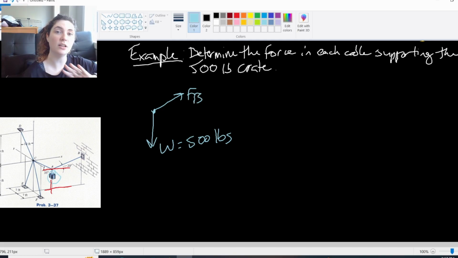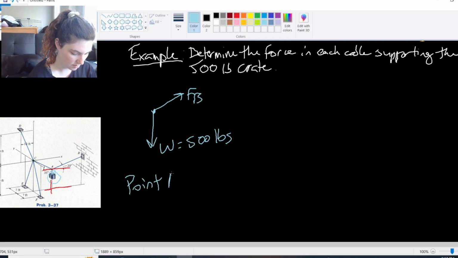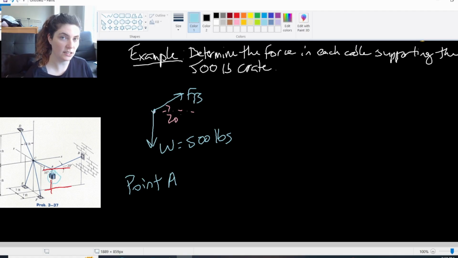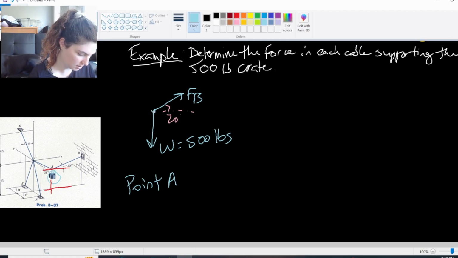Again, it's entirely within one plane, meaning this is actually just a 2D system at point A. This is a 20-degree angle. And then I have cable AC, which is coming off at a 35-degree angle. I'm going to call this FC, the force of cable AC.